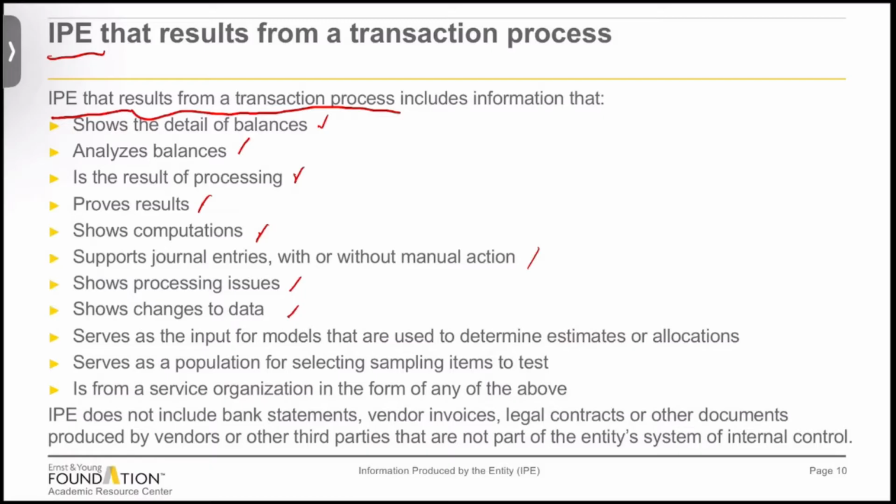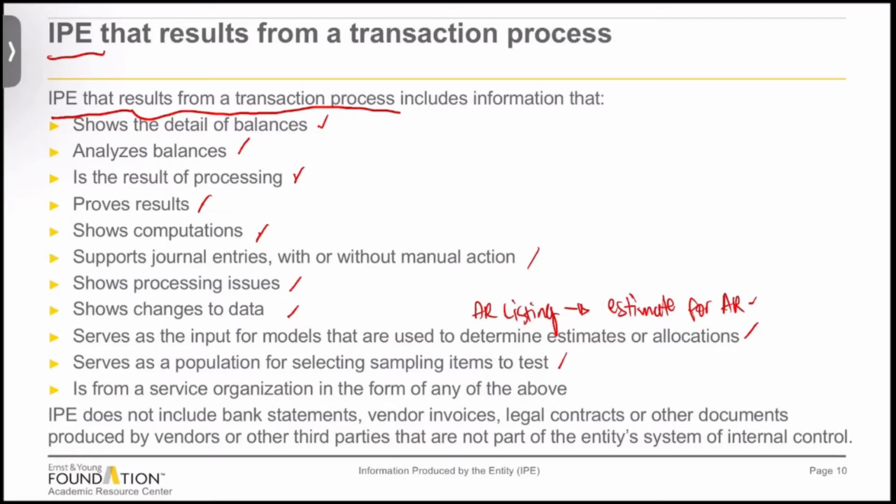This also serves as the input for models that are used to determine estimates or allocation. For example, if you are using an AR listing and you are developing an estimate for AR. It also serves as a population for selecting sampling items to test, as we have discussed, and is from a service organization in the form of any of the above.